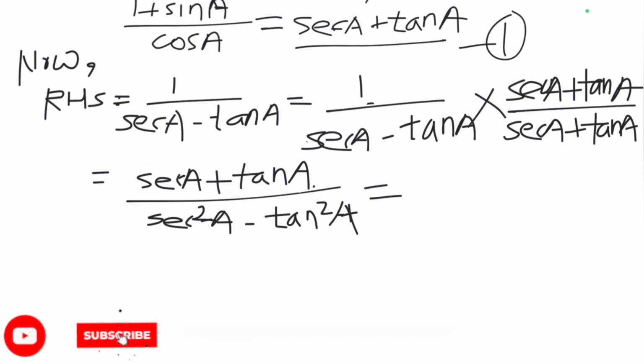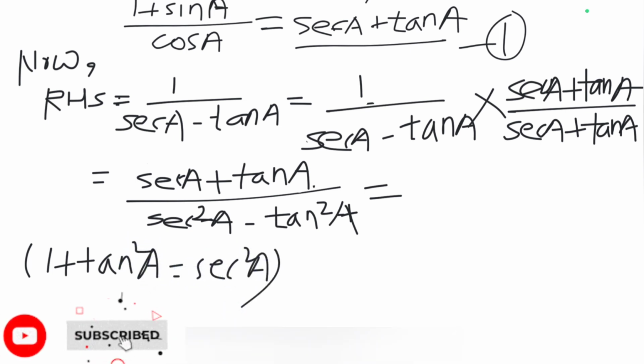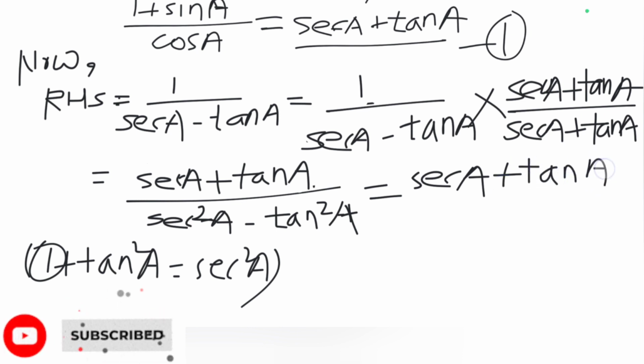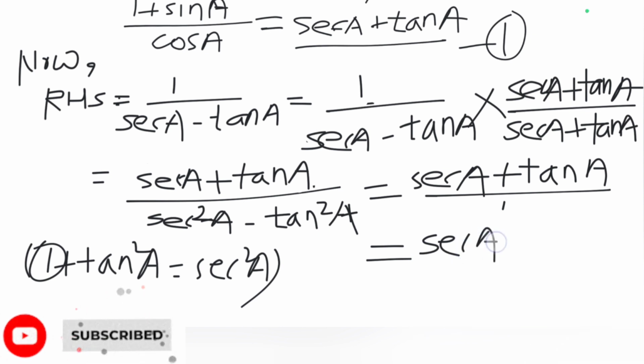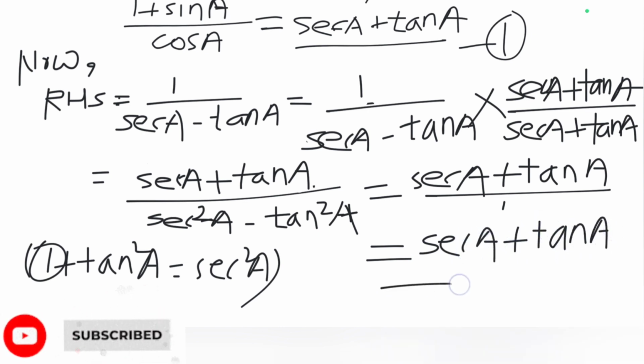Now I know the second identity. What is that second identity? 1 plus tan square A equal to sec square A. So can I say sec square A minus tan square A is equal to 1? Okay, so it will become sec A plus tan A upon 1, that is equal to sec A plus tan A. Can I give it equation number 2?